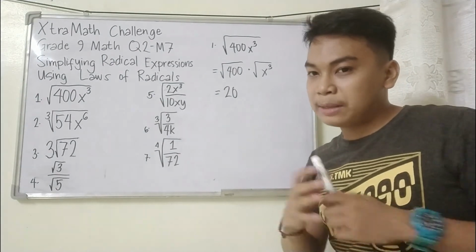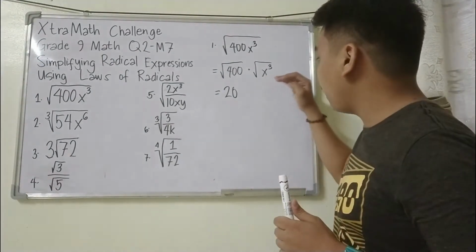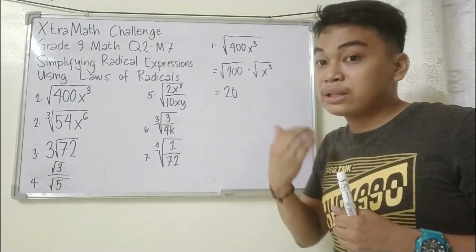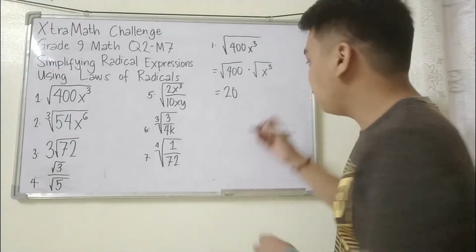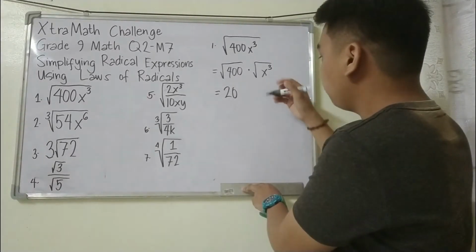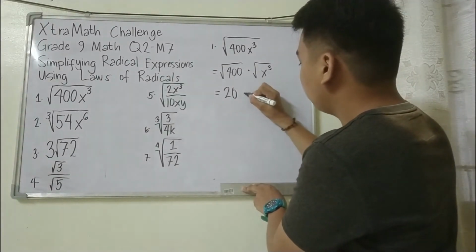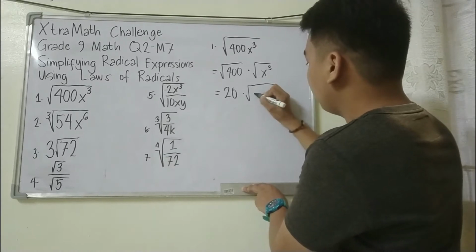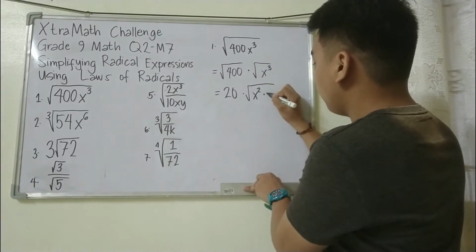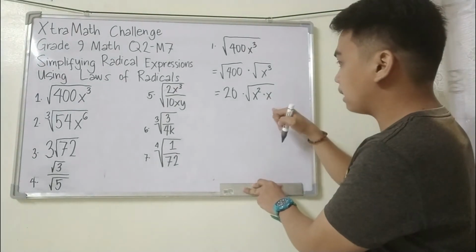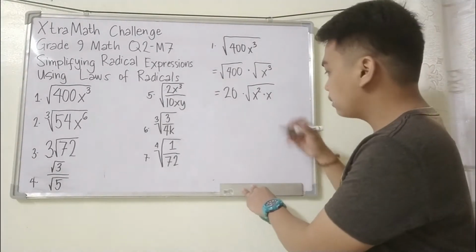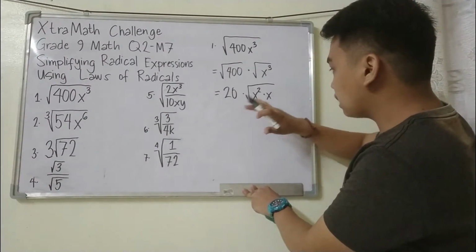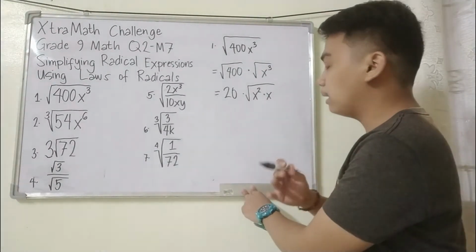So we need to separate the factor of x cubed, which is the perfect square, para ma-simplify natin. So we have x cubed can be factored as x squared times x, because x squared times x, using the laws of exponent, is equal to x cubed. So if we are going to get the square root of x squared, that is equal to x.